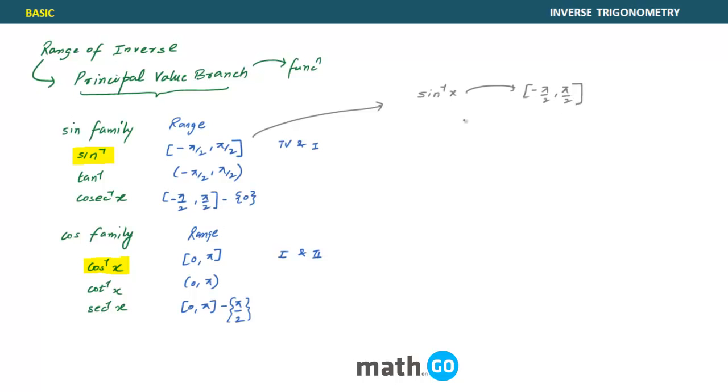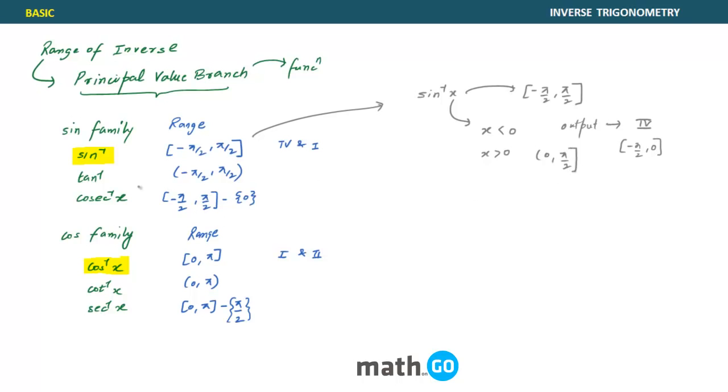If x is less than 0, the output will lie in the fourth quadrant, that is from minus pi by 2 to 0. And when x is positive, your answer will lie in the first quadrant, that is 0 to pi by 2.